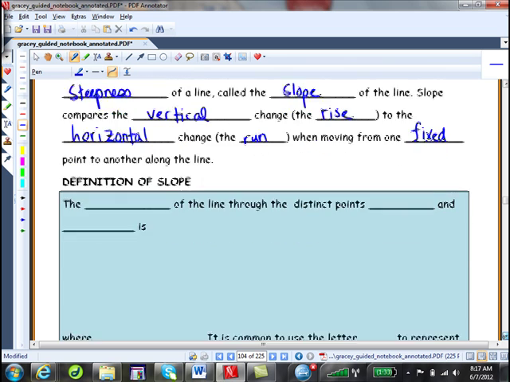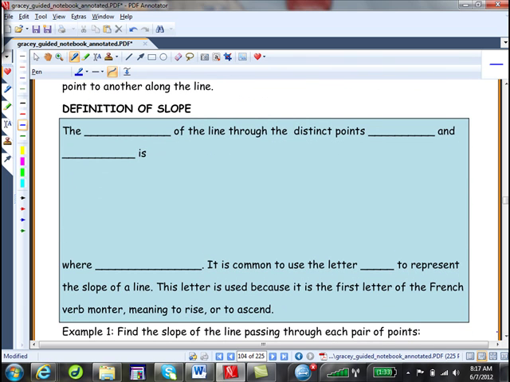So the official definition for slope is as follows. The slope of the line through the distinct points (x1, y1) and (x2, y2) is the change in y over the change in x, which is equal to rise over run.